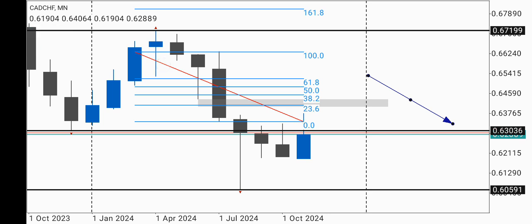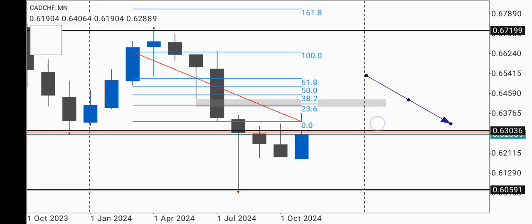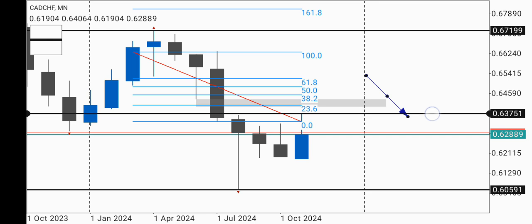Okay, let's manage it. From here you will see that the one that aligned is this 23.6% fib level that aligned with the fair value gap.